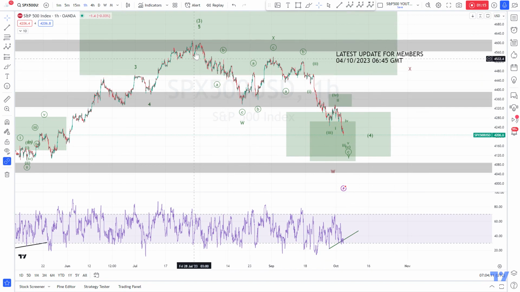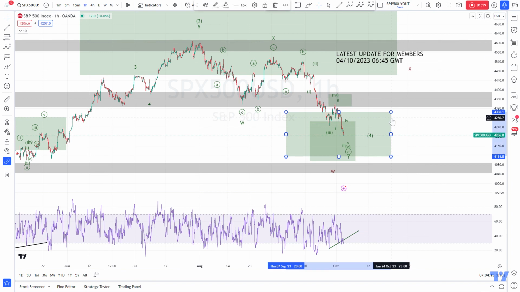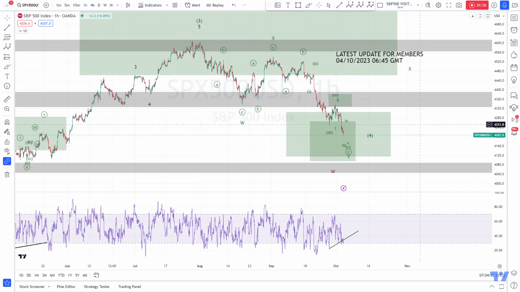So we made a wave 3 high here. Now we are in the wave 4 area. So this here is the wave 4 area, and this wave 4 is now playing out as a WXY. So we are also in the wave Y area.